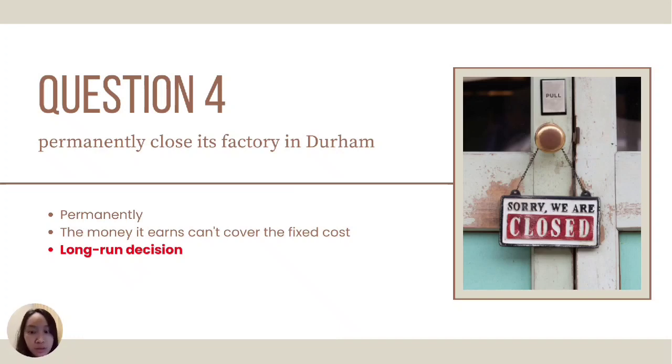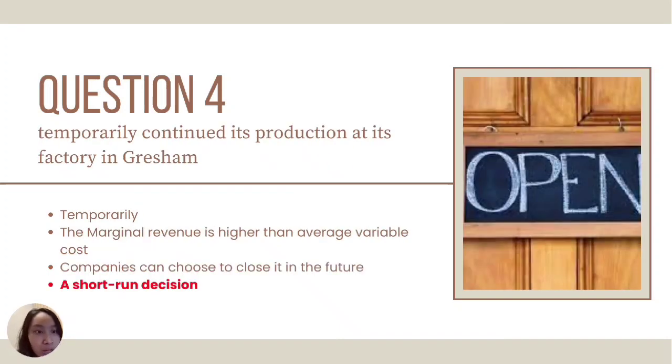However, its decision in Gresham is a short run decision because it only continued temporarily. But maybe the company will make a decision like closing it in the future. So it's just a short run decision.